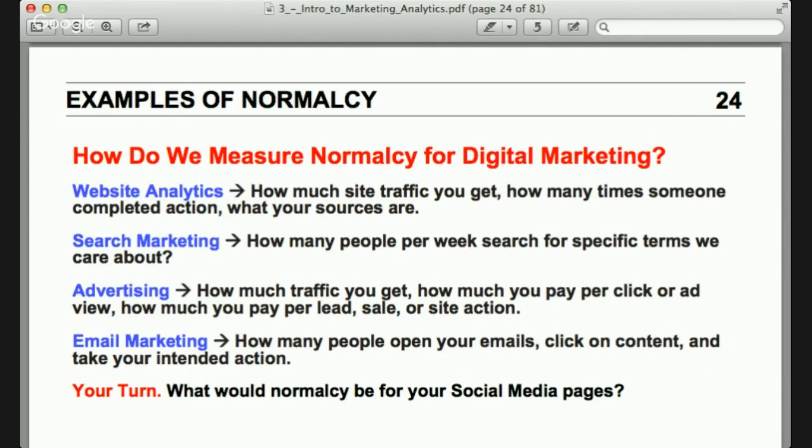With advertising, how much you're paying per click, right? We'll look at examples when we get to search advertising where you can estimate approximately the range that you're going to pay every time somebody clicks on your ad. But one day you may pay 50 cents, another day you may pay $1. That doesn't definitively tell you whether you're going to pay 50 cents or $1.